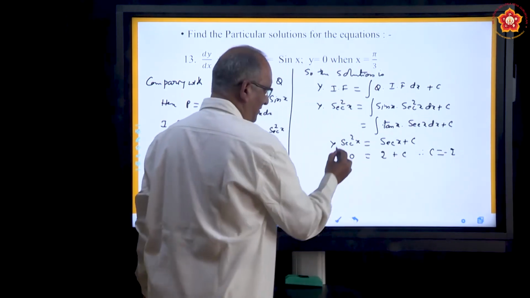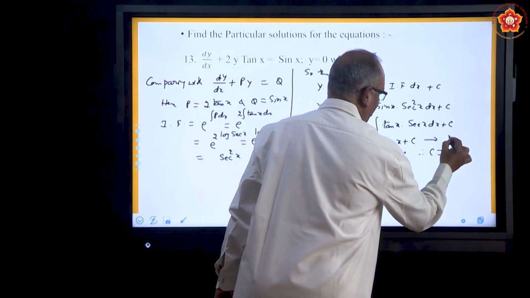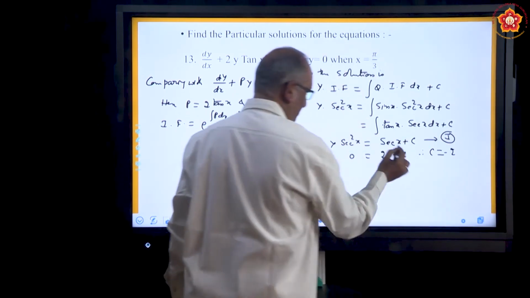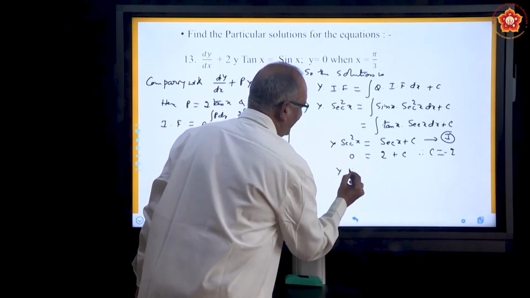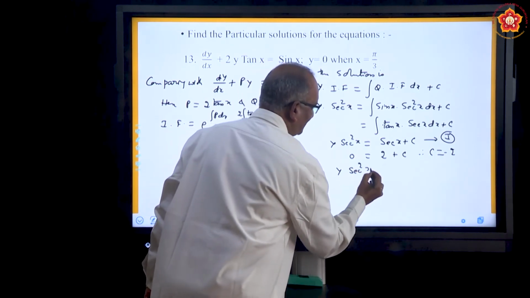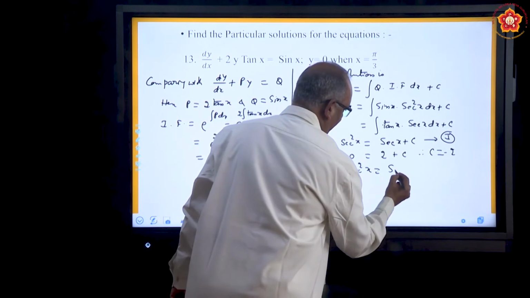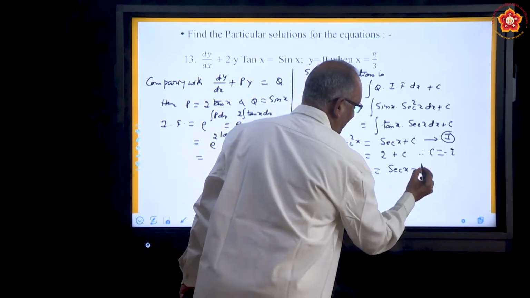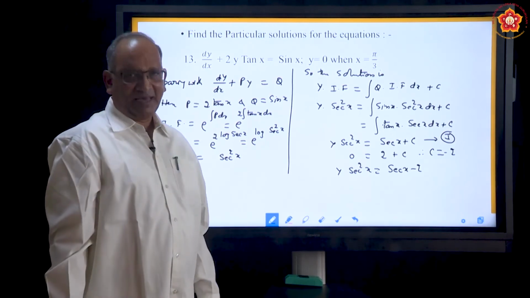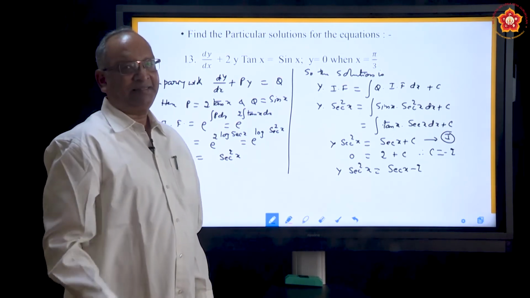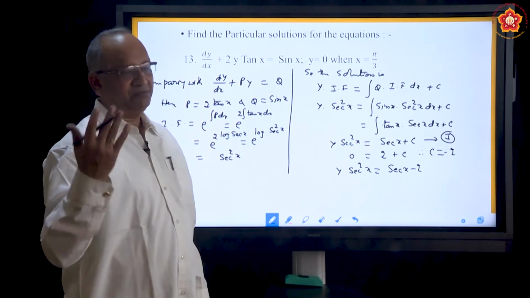Substitute this value in this general solution. Remember, this one is the general solution. Substitute back the value of C. So, what will you get? You will get y sec square x equal to sec x minus 2. This can be left as the answer, but they insist that we should write y in terms of x.